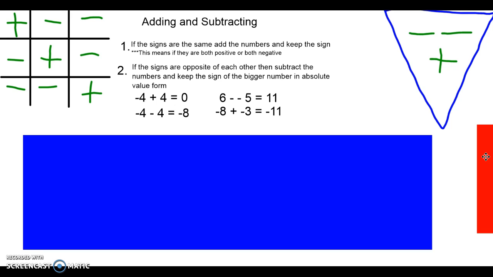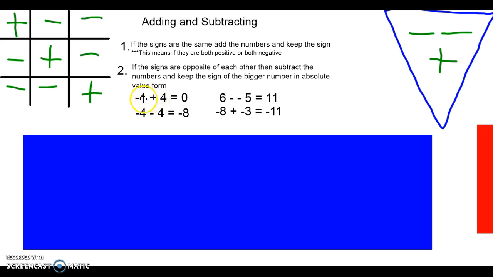There's a negative and there's a positive. In this case, negative 8 is the higher value because it is in absolute value form, and that becomes, again, negative 6.